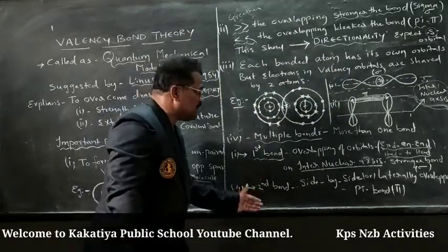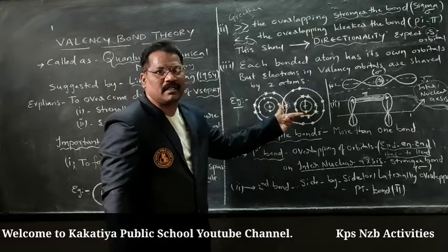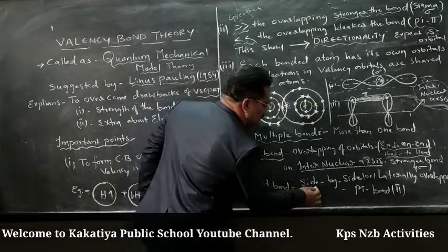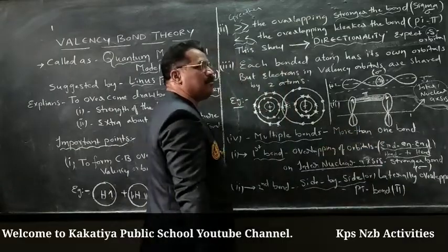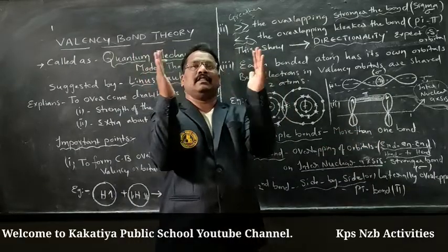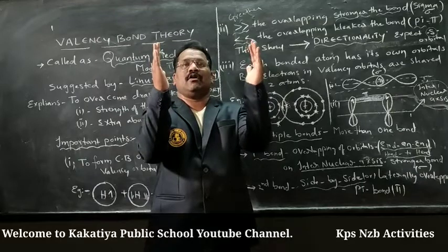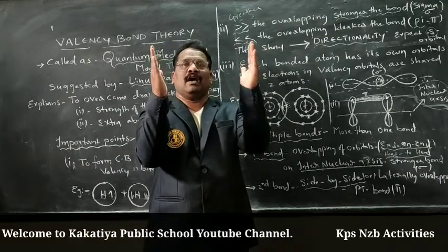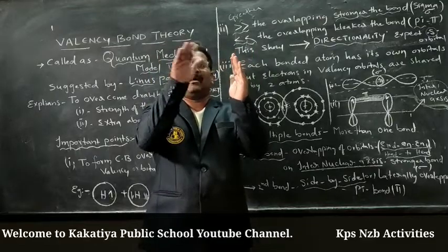Next point is the second bond. With more than one bond, we call them multiple bonds. Second bond: how will it overlap? Side by side overlapping, or they overlap laterally. In this way, two orbitals are there. Here one electron, here one electron. How will they overlap? Side by side.